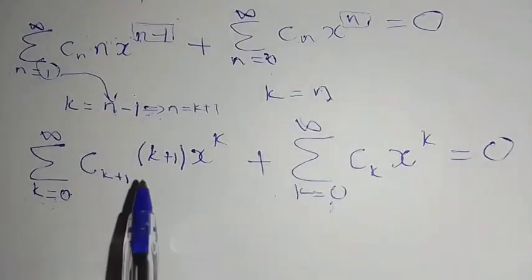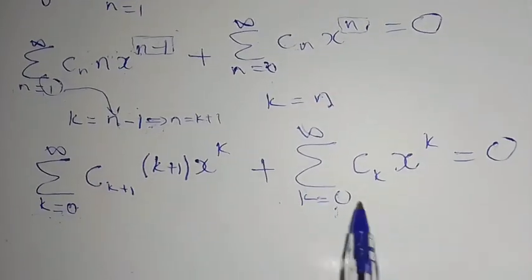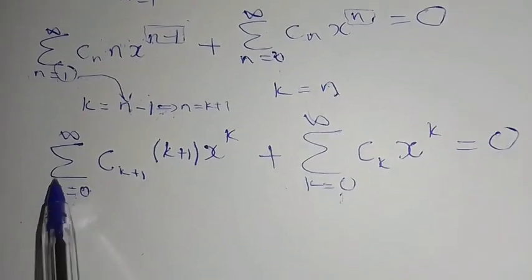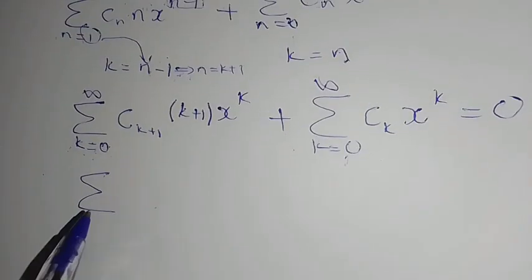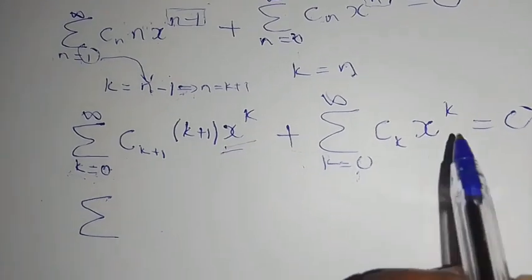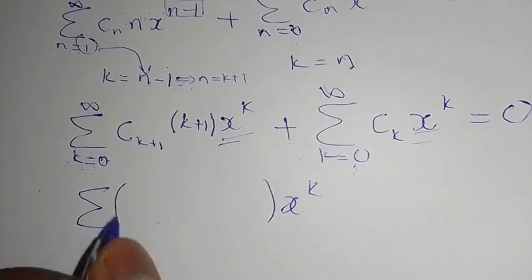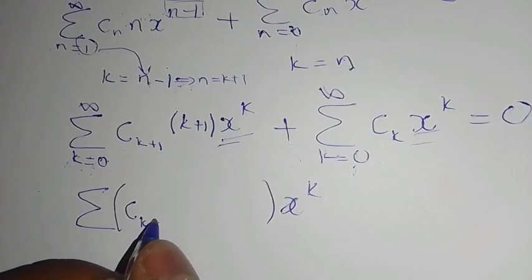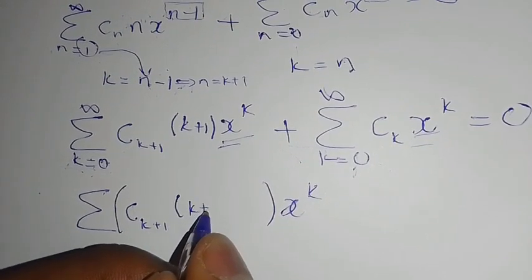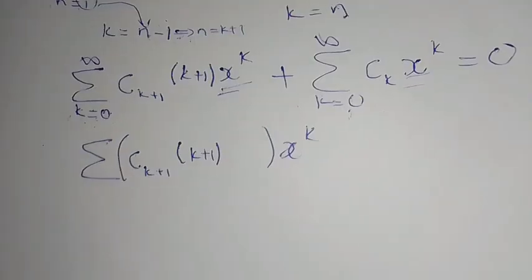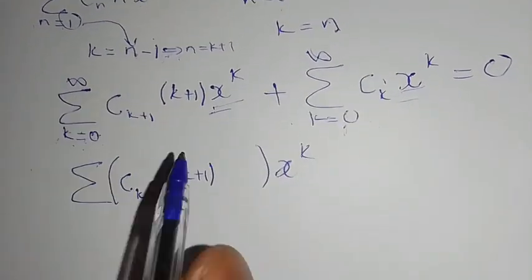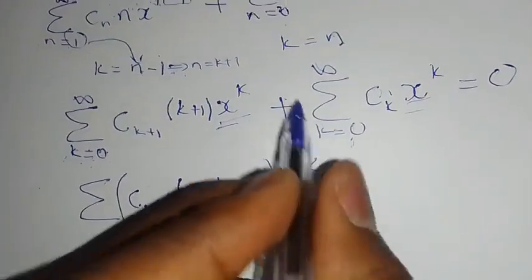Okay. So now you can regroup this, because these two series are in phase now. So we can just add the two together. But notice that when we add them, we can factor out x to the k. On the first series, we remain with c subscript k plus 1 multiplied by k plus 1. Now in the second series, you just end up with c subscript k. So we have a plus sign in between.